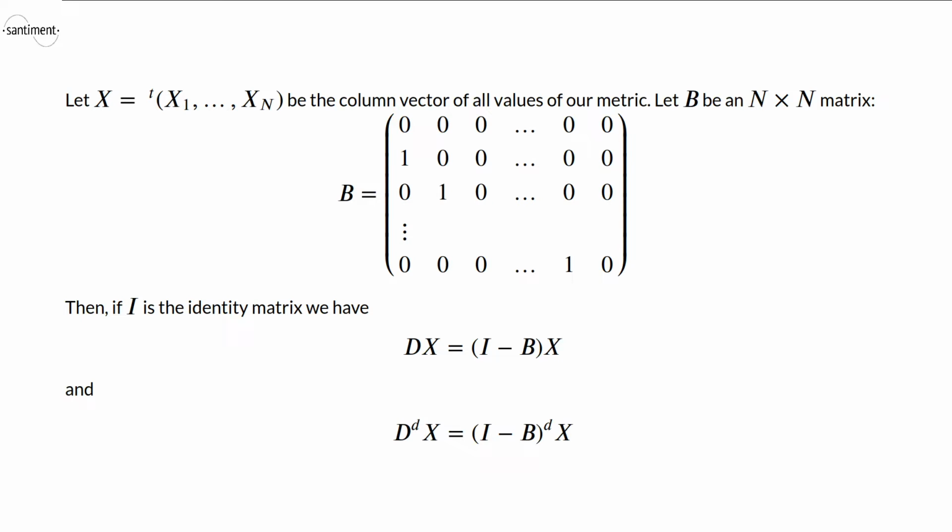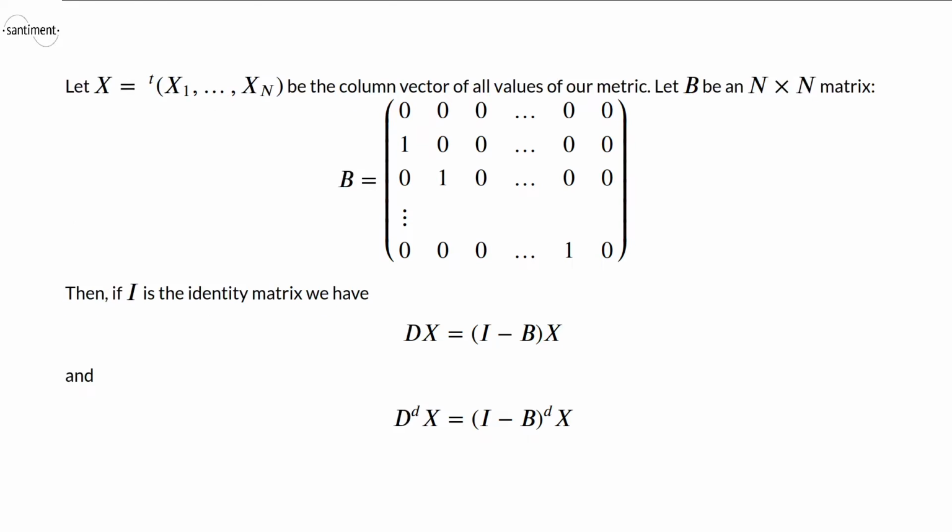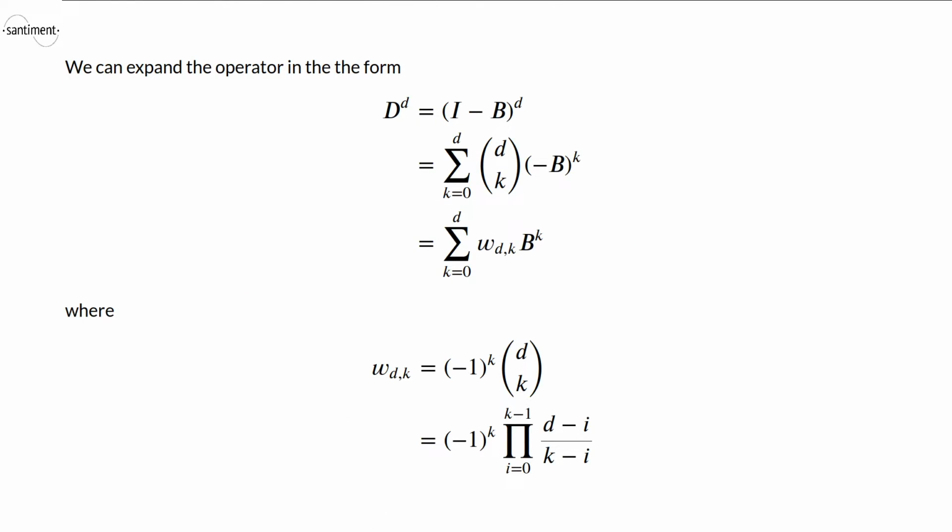But how can we now define it for fractional values of d? Well, it turns out that we can. So I can use one formula from high school. For integer values, I can uncover the brackets. So the differencing operator to the power of d is I minus B to the power of d.